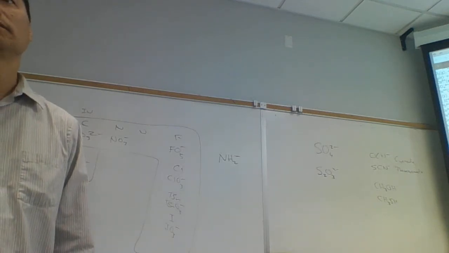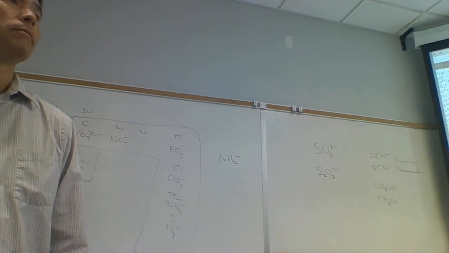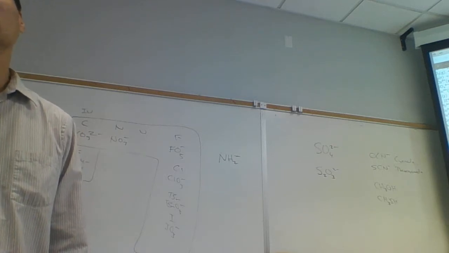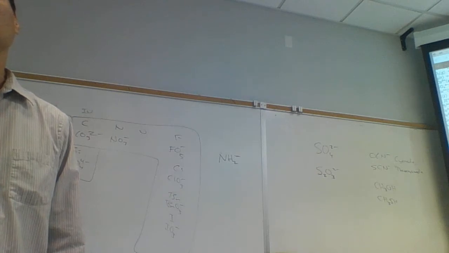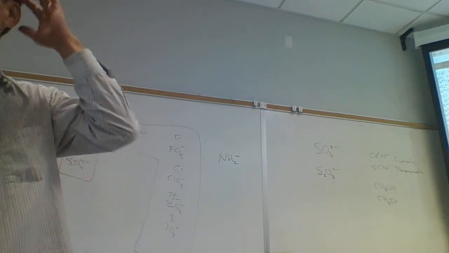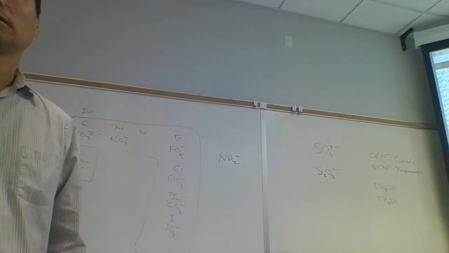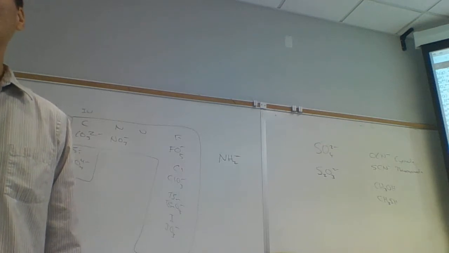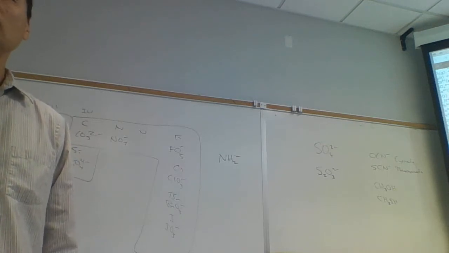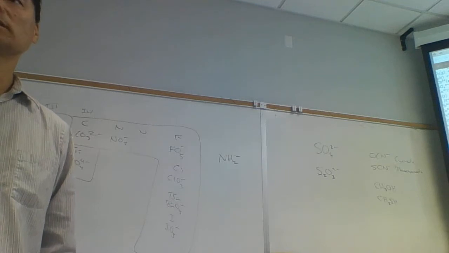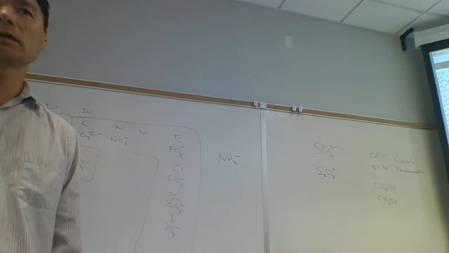Why is sulfide different? What makes these "ides" different from sulfide or bromide? Sulfide, bromide, chloride, iodide are all monatomic anions. These are polyatomic anions.